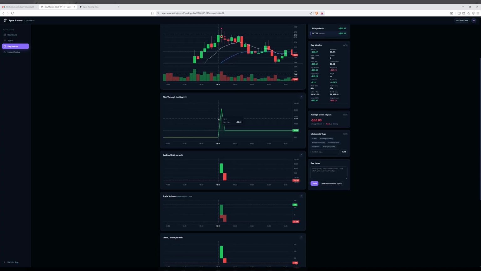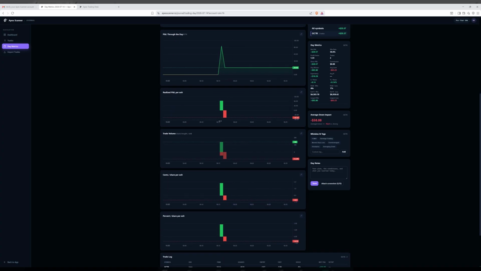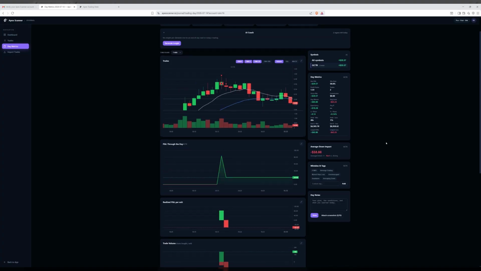At the bottom, you will see for each of these individual stocks, if I made money, if I lost money. So you can see on the first trade, I actually was up by $83. And by the second trade, I was down by about $63 to finish at around $20 in total as profit. And this all lines up with the chart above, which gives you your entries and exits.